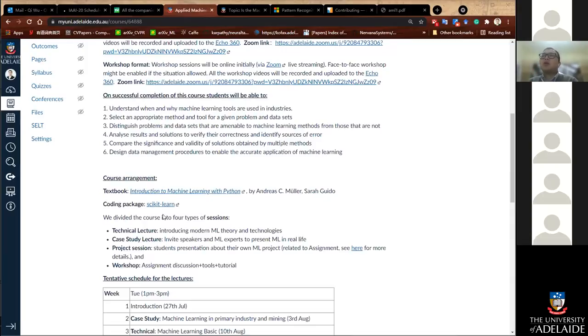My suggestion is to check this coding package first, and there are many examples of how to use it. Find one example by yourself and see whether you can use Python to implement a very simple algorithm to classify the data. Try it by yourself. If you think it's fine for you, I think it will be fine for you to take this course.